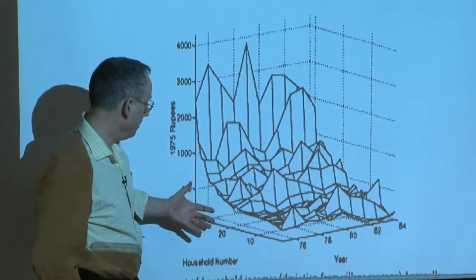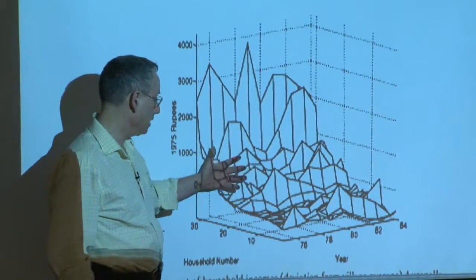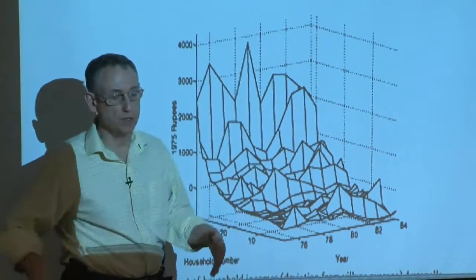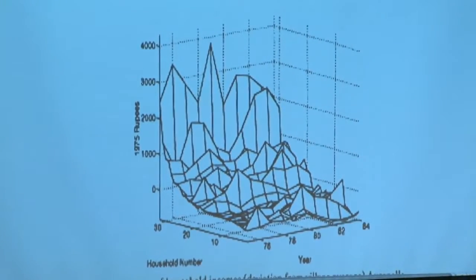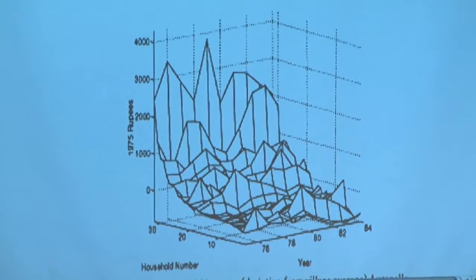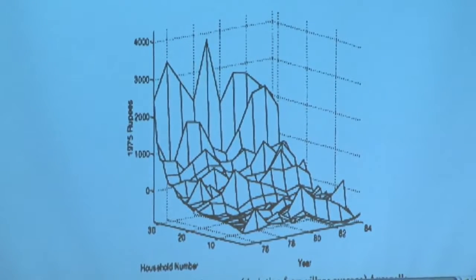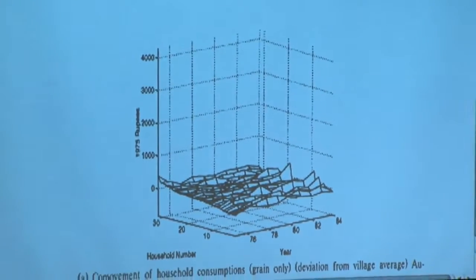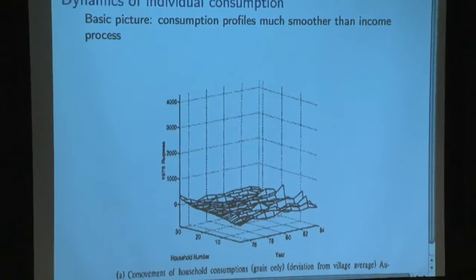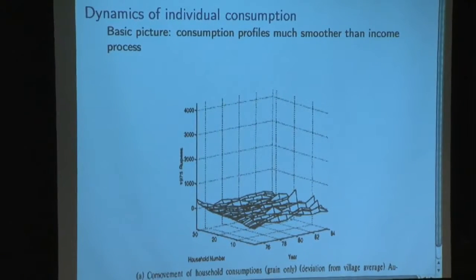The point of the diagram, I've said before, is that some of the valleys lie behind the peaks, and that means not everyone is experiencing good years and bad years at the same time. It's not like undulating waves of grain, as in Kansas. This is the consumption picture that is on the same scale as the income picture.